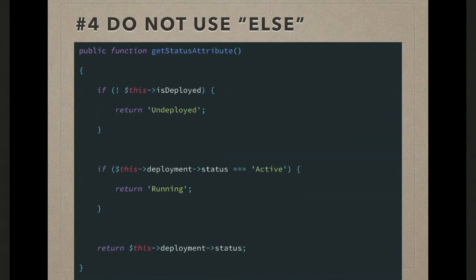It forces your hand on early returning, but also on breaking your code up into different methods. And it's not always avoidable. Again, these aren't hard and fast rules. If you've got to use an else somewhere, use the else, right?